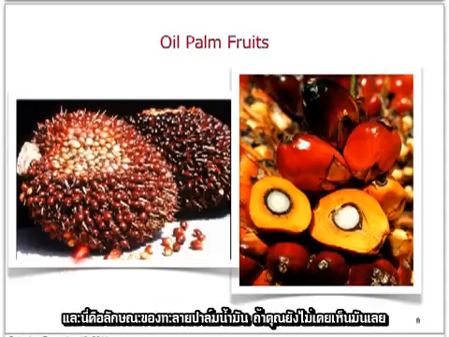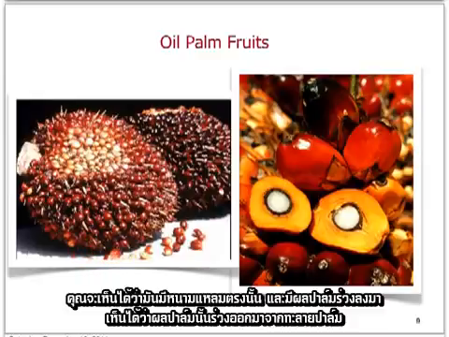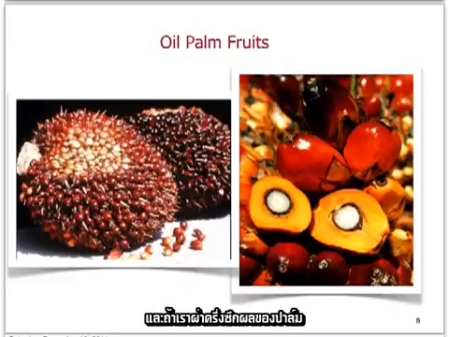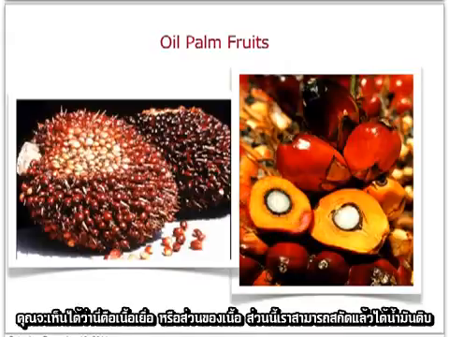This is how the oil palm fruit bunch looks like if you have not seen one. You can see there's a sharp thorn there, and the fruitlets. Down here you can see the fruitlets stripped out or come out from the fruit bunch. If we take a cross section of the fruitlet, you can see the mesocarp or the flesh area.